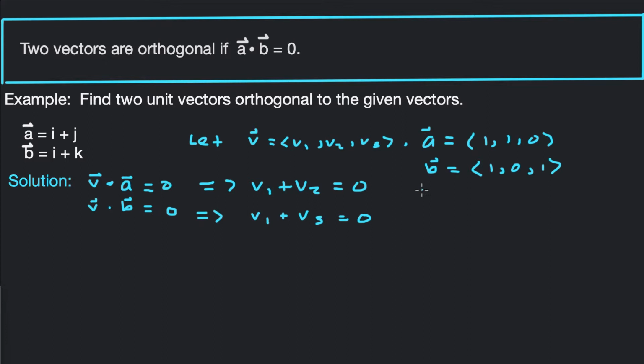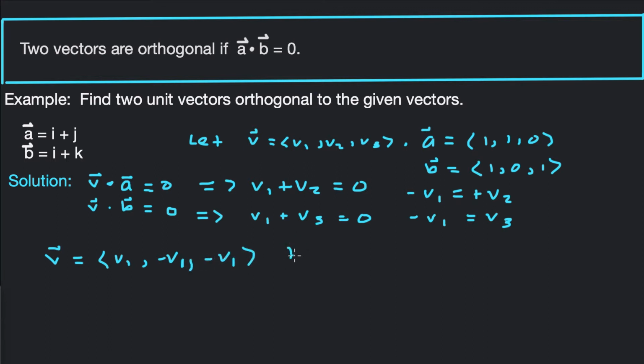So this is going to tell us that v1 is equal to negative v2. Or we could say negative v1 is equal to v2. And same thing, we could say negative v1 is equal to v3. So our vector v should have the form v1, negative v1, negative v1.